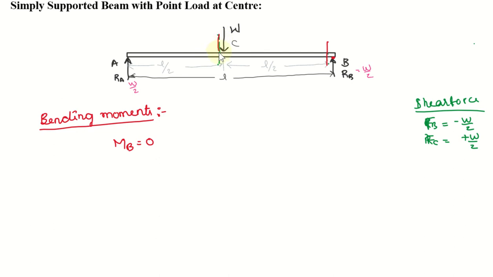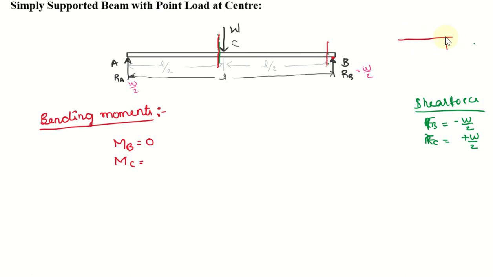So let us consider our section here. My section is shifted here. So MC will be, bending moment is also the algebraic sum of forces up to the section we are considering, RB multiplied by the distance up to C. Is it a positive or negative bending moment?